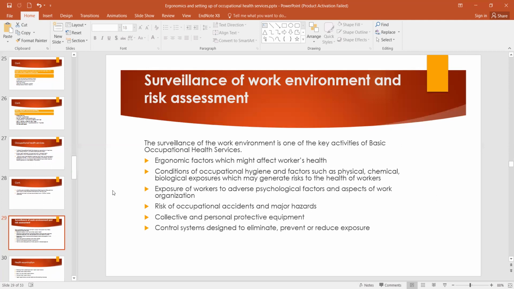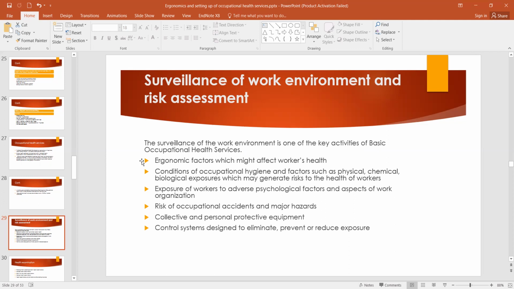The surveillance of the work environment is one of the key activities of basic occupational health services, and risk assessment can be carried out with the help of surveillance.